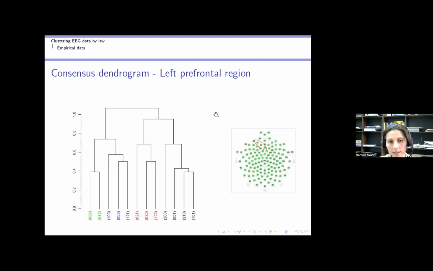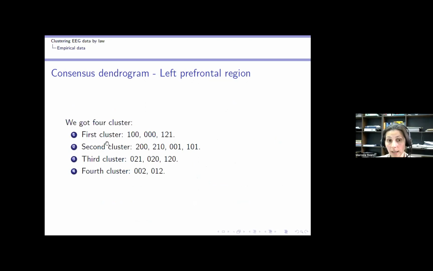So in this case, this is the partition that we've got. The first important thing is that, as expected by the second conjecture, we have 4 different clusters. So now we have to analyze these clusters. Well, the first cluster has these strings, the second cluster has these strings, the third one this, and the fourth this.